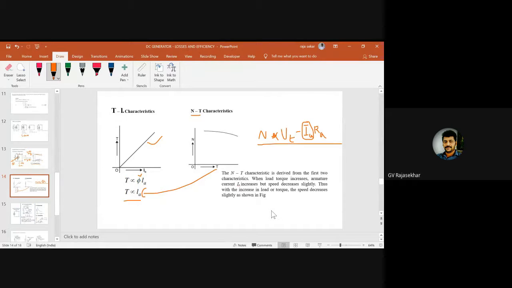In this context, I would like to tell you one thing: whenever you are writing in your examination, whatever slides I am showing are just for your reference, not for your examination point of view. See here, in this slide, I have only explained the NT characteristics. For T versus IA characteristics, there is no explanation. In the previous slide also, there is no written part.